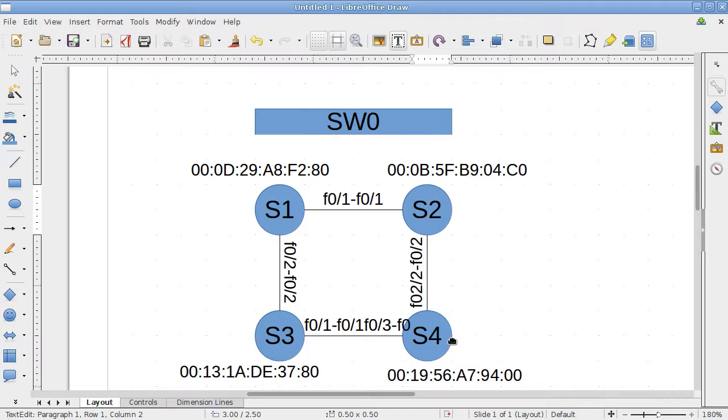The lower bridge ID would win. And if they happen to be coming from the same bridge, like if we had two links between here, then the lowest sending port priority seems to win.